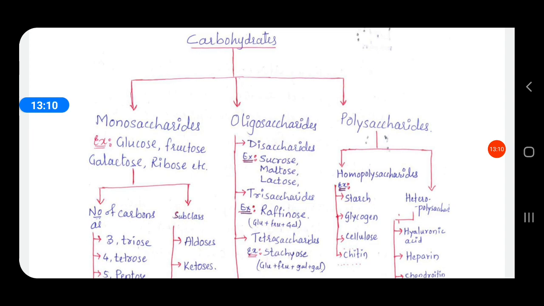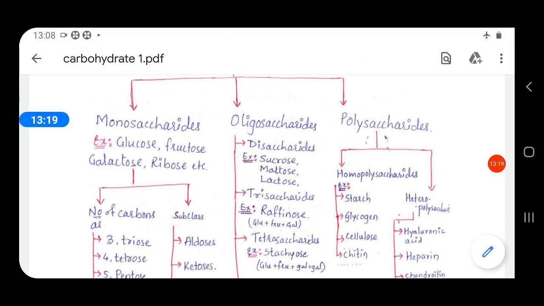Suppose the oligosaccharide on hydrolysis gives 2 monomer units, then it is called disaccharide. Example for disaccharide is sucrose, maltose, lactose. These 3 are most common examples. Sucrose on hydrolysis yields 2 monomer units.